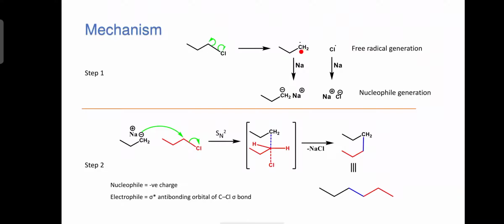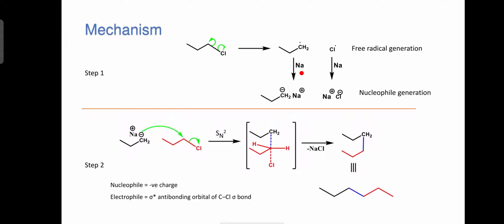What happens in the next step is that these 2 free radicals react with sodium metal atoms separately. That's why this reaction needs 2 metal atoms. You know the electronic configuration of sodium, 1s2, 2s2, 2p6 and 3s1, so the sodium atom contains 1 electron in its outermost shell.